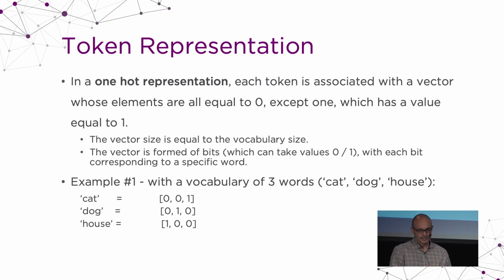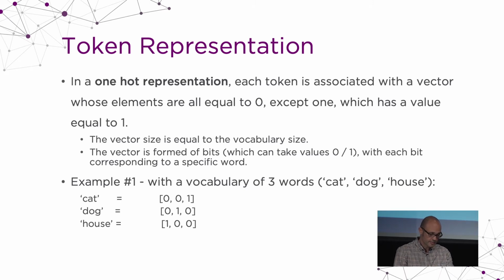The idea is that we will associate a token with a vector, and this vector has all positions equal to 0 except one. One position is equal to 1, and the index of this position is telling me which word we are talking about. And this actually comes with some constraints that are disadvantages.